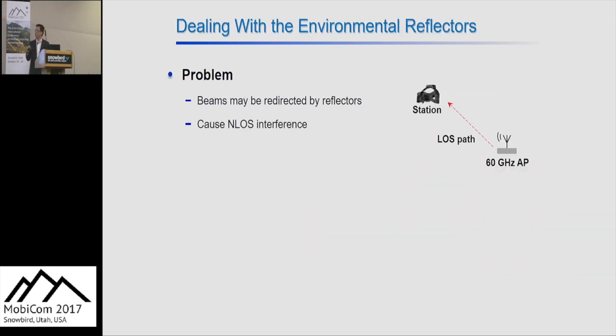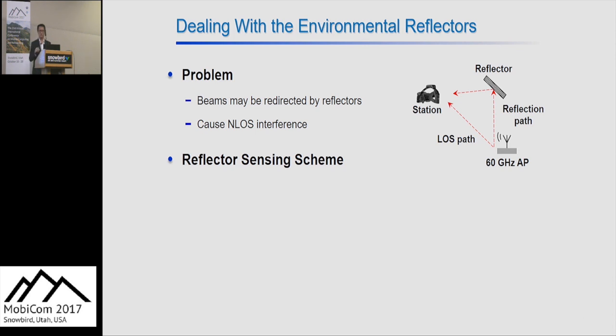But again, the model here only considers the interference from the line of sight. In practice, the signals may be redirected by nearby reflectors and cause non-line-of-sight interference. To solve this problem, we also incorporate a reflector sensing scheme, which is also a one-time calibration process.